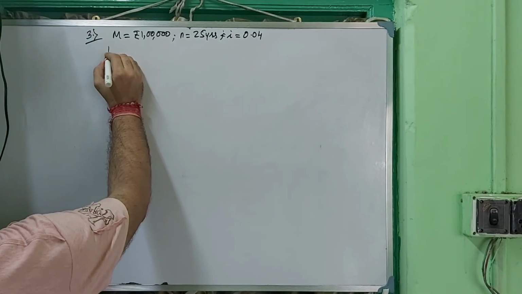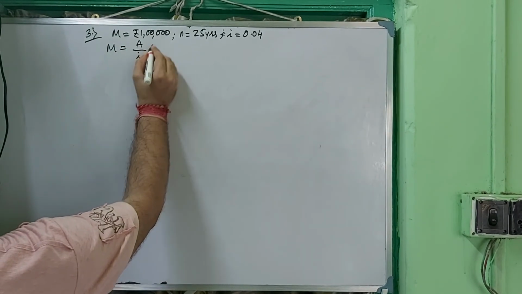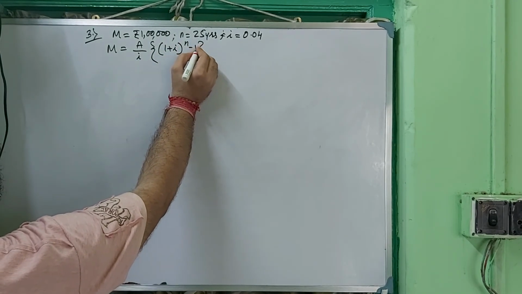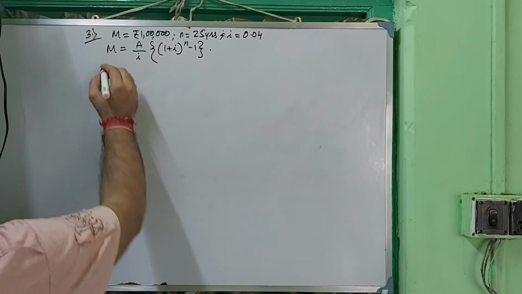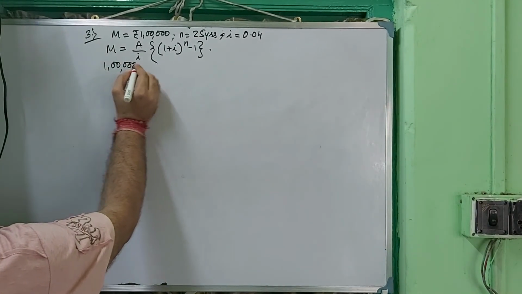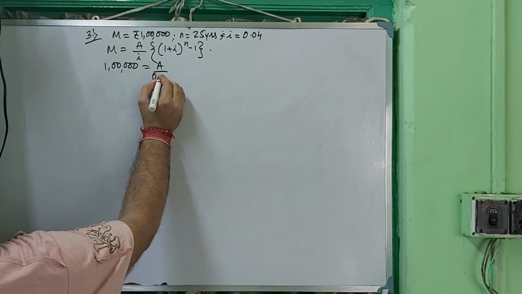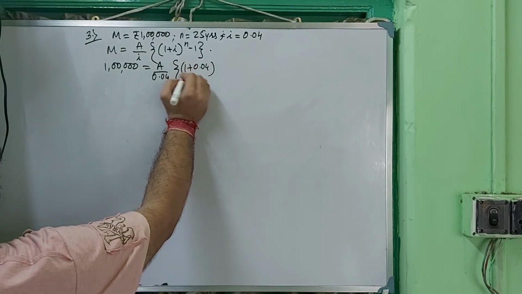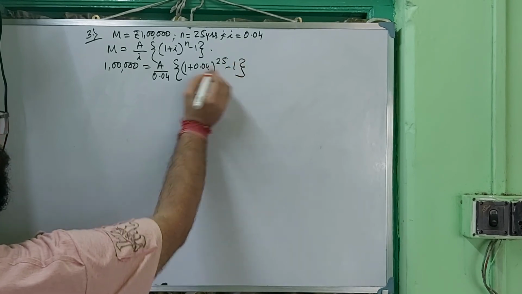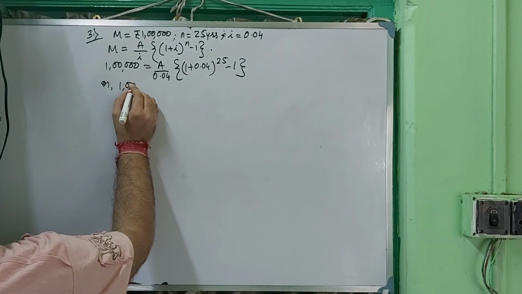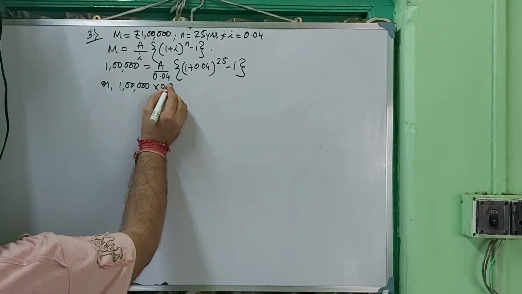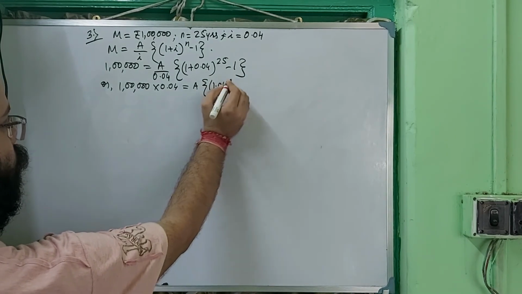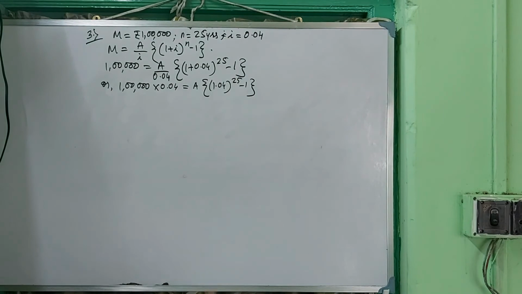So putting the same formula, M = A/I × ((1 + I)^n − 1), we get: when M is 1 lakh, you have to find A: 1 lakh × 0.04 / ((1 + 0.04)^25 − 1) = A, or 1 lakh × 0.04 / (1.04^25 − 1).